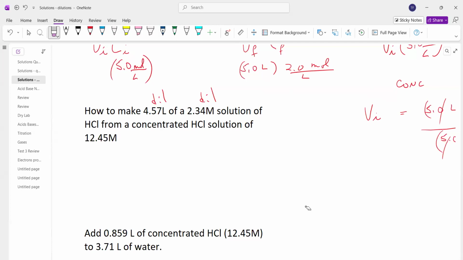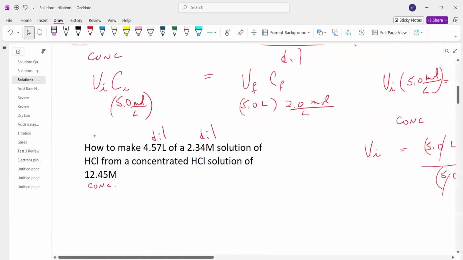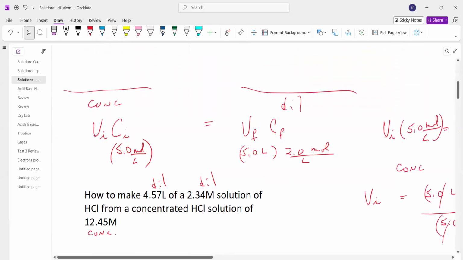Okay, first identify what's the concentrated one and what's the dilute one. Well, this is the concentrated one. And these two are the dilute ones, or the final volume and final concentration. So we set up the same exact equation, this guy here. V_iC_i equals V_fC_f.